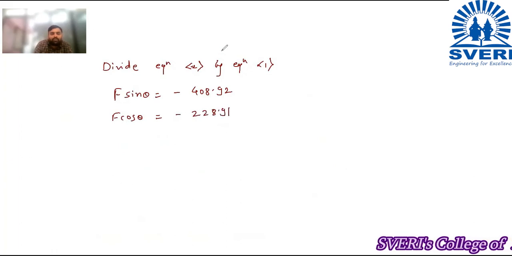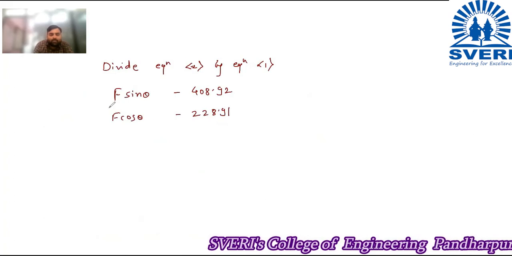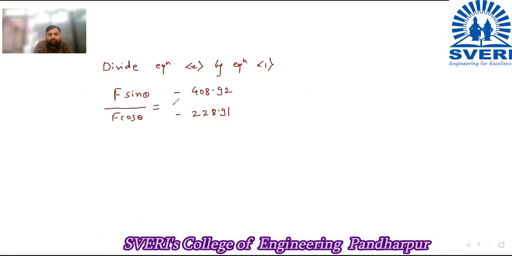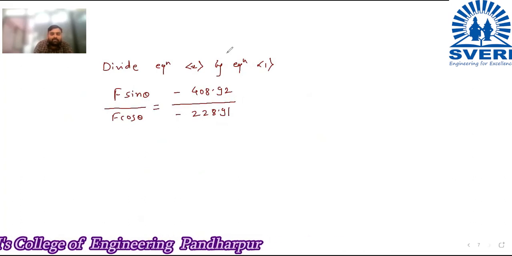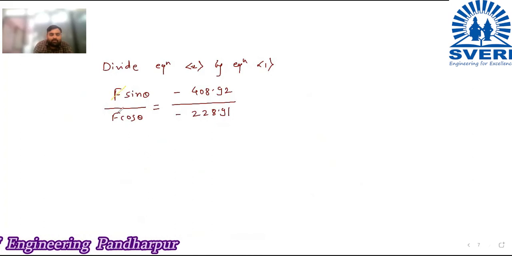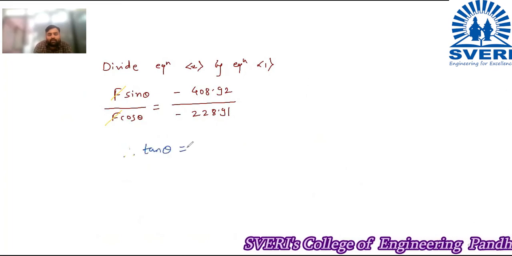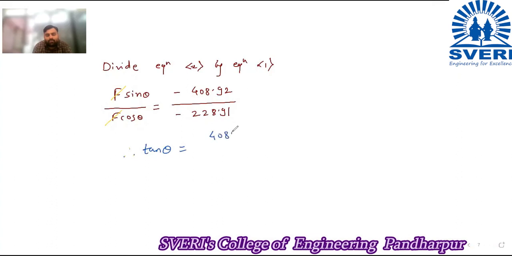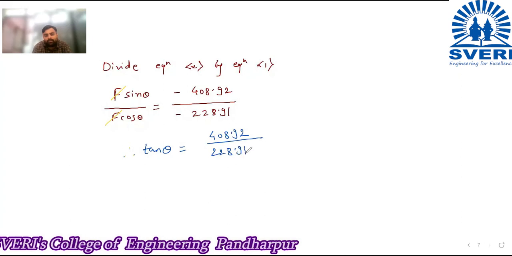So now if I divide them, this f will get cancelled, and minus minus becomes plus. So therefore tan theta is equal to 408.92 divided by 228.91.